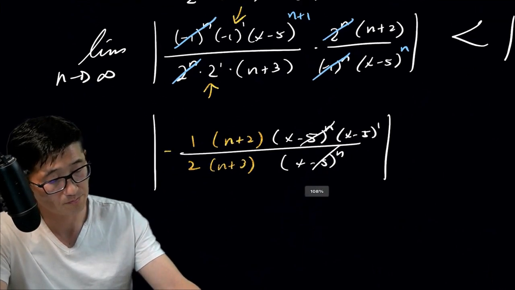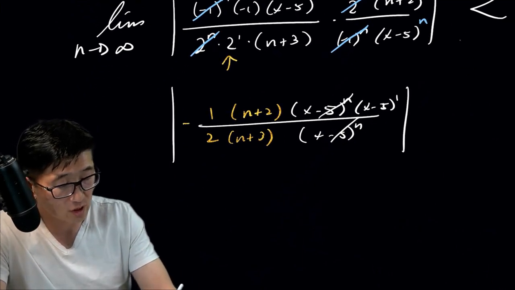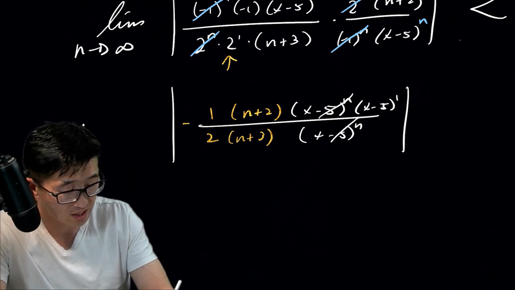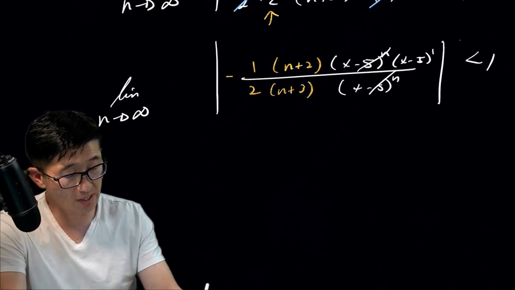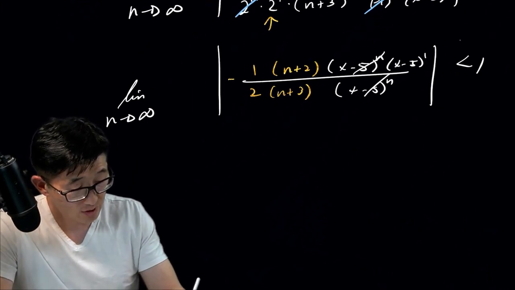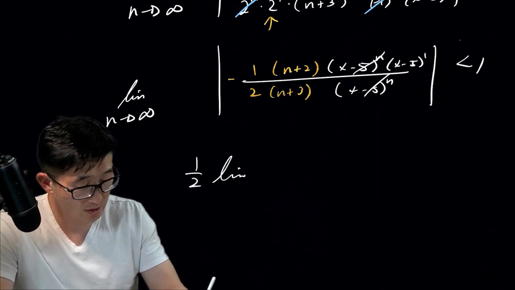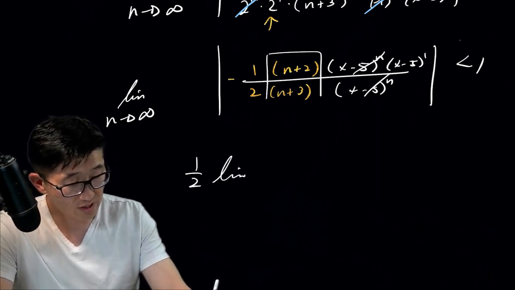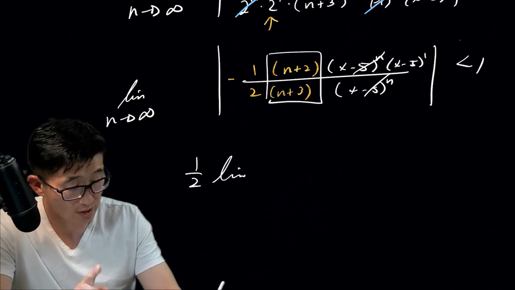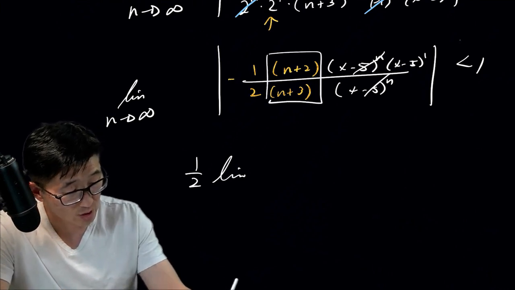Those will cancel out. The 1/2 will come out because it's just a constant. It's a negative, but the absolute value of a negative is a positive. So this is going to be 1/2 limit. And if you take the limit of this to infinity, it becomes 1. So that just turns into 1.